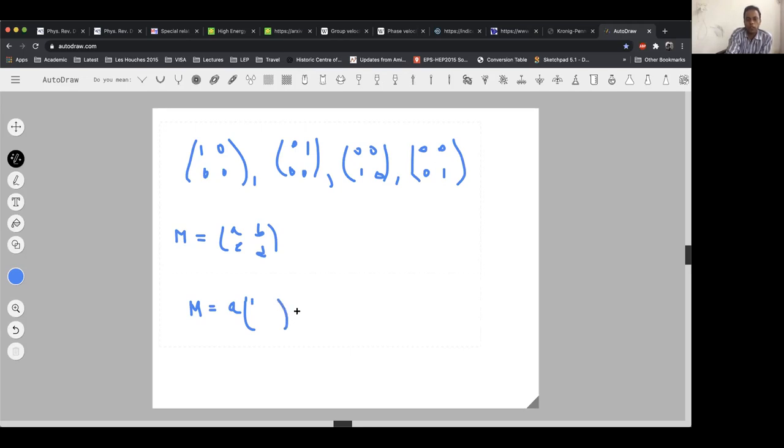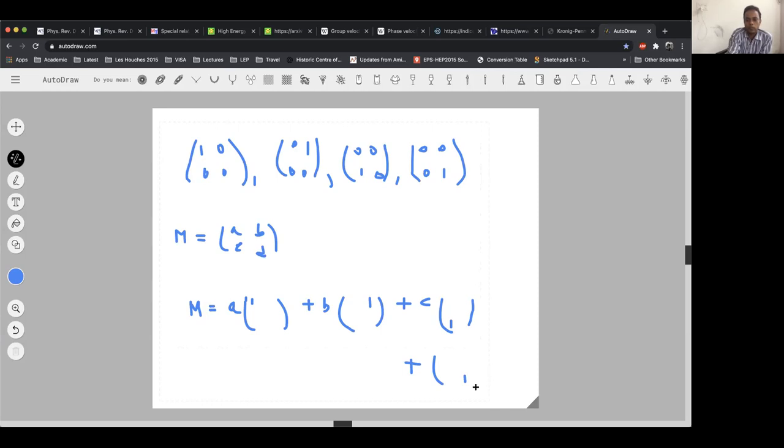I'm not writing the zeros. B times the matrix with 1 in that entry and all other entries 0. C times this, plus D times this.